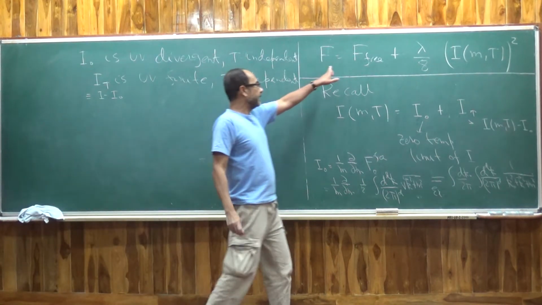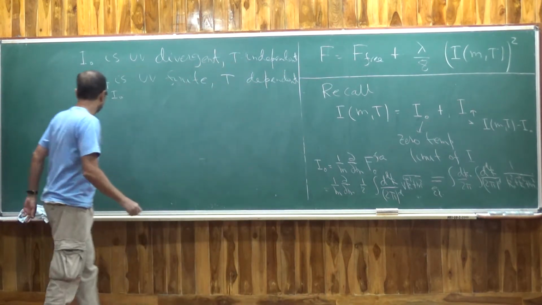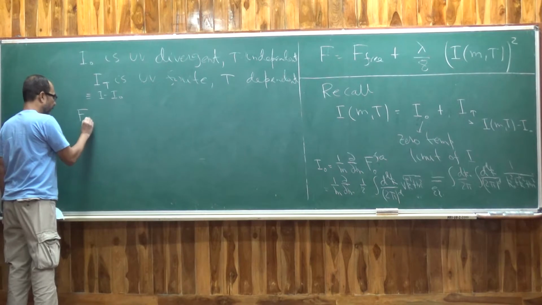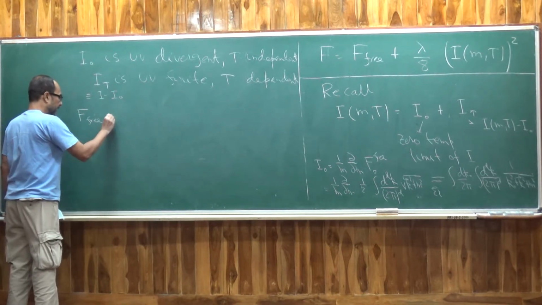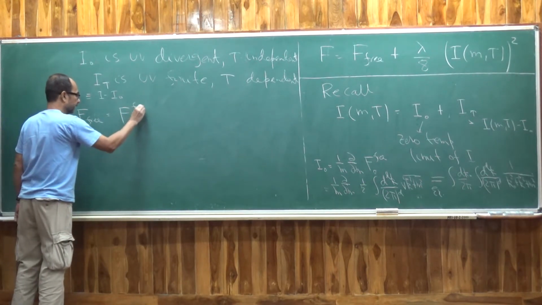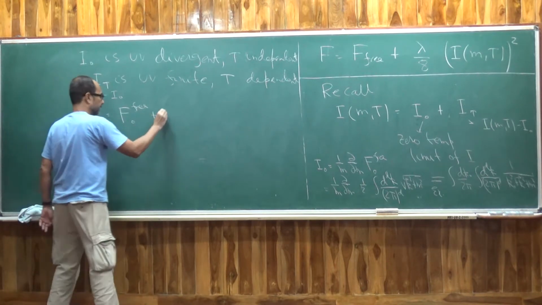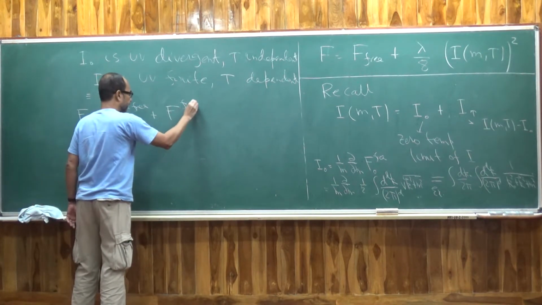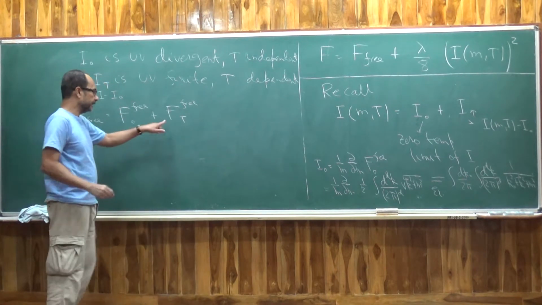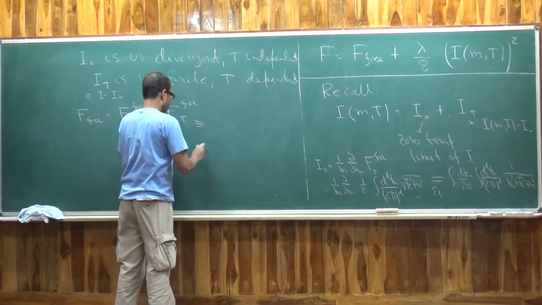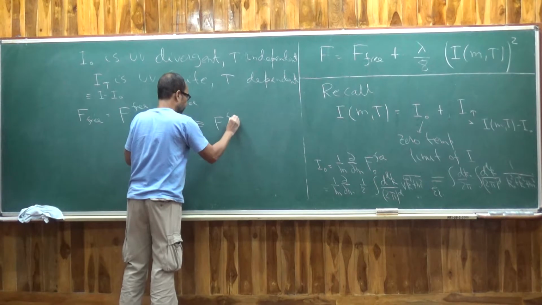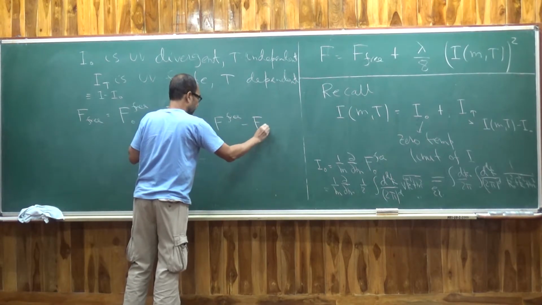And let me recall also that F free I can write as F free naught plus F free T. This is a new notation. This is by definition F free minus F naught.